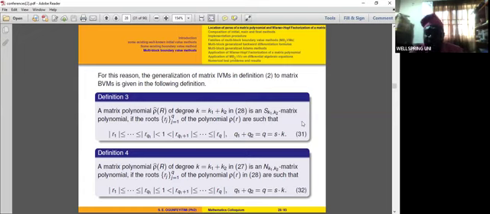For the Schur matrix polynomial for the boundary value method, the roots must satisfy the condition in 31. If you look at that condition in 31, you observe that there is no root.